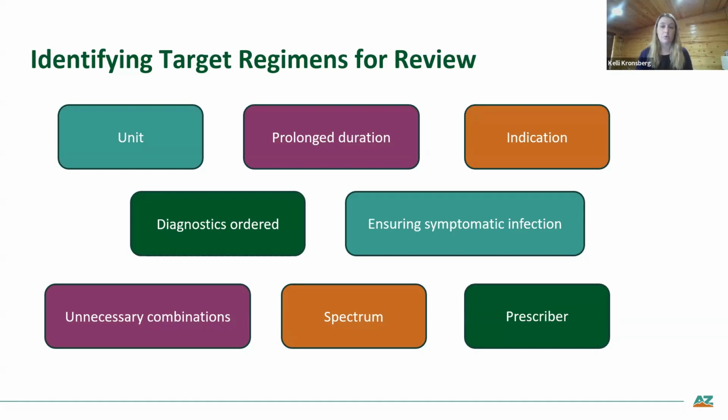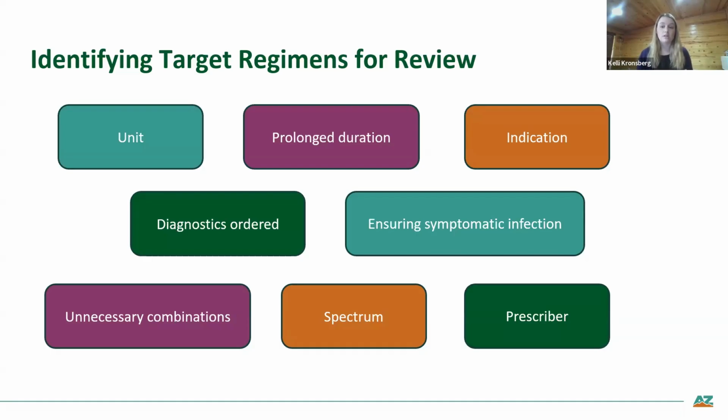You can also consider if appropriate diagnostics are ordered, right? If you have a urine culture ordered before treatment, antibiotic therapy for UTIs is given, or if you are seeing a lot of vancomycin use for presumed MRSA pneumonia, evaluating if MRSA NARs are ordered for potential de-escalation and discontinuation rather than completing a full 7-day course.